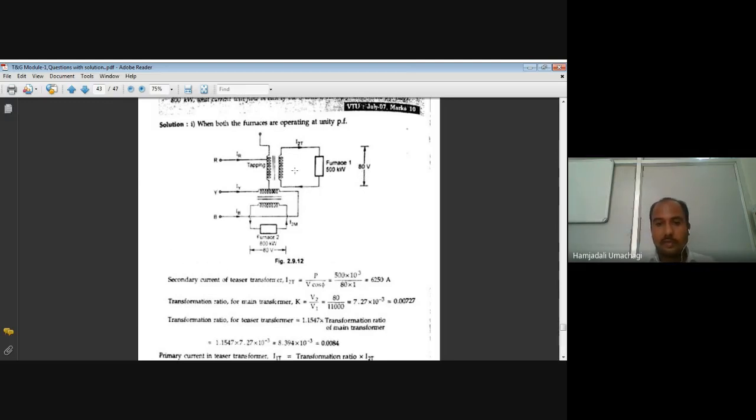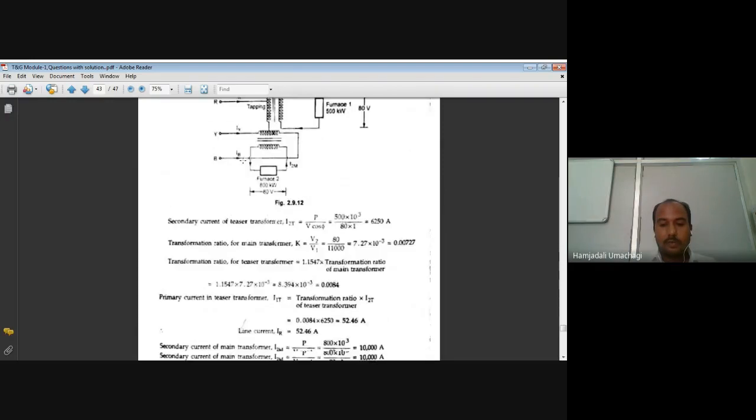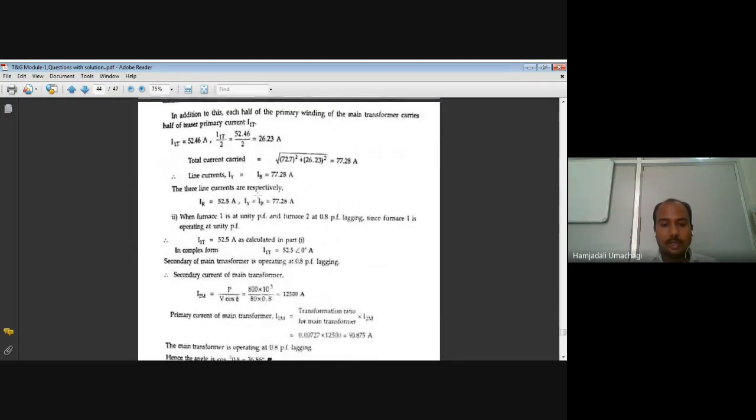Whatever I1T we calculated for the first case when cos phi equal to 1 will remain the same here, because cos phi is equal to 1. So we write I1T is equal to IR is equal to 52.5 ampere when furnace 1 is at UPF and furnace 2 is at 0.8 power factor lagging.